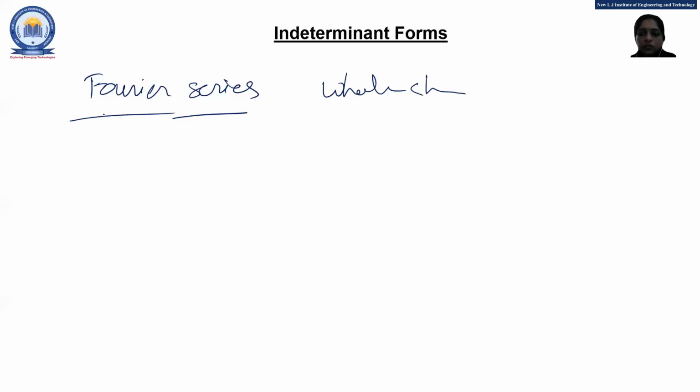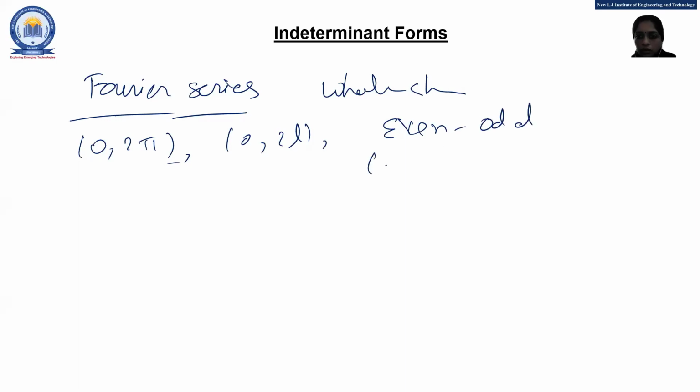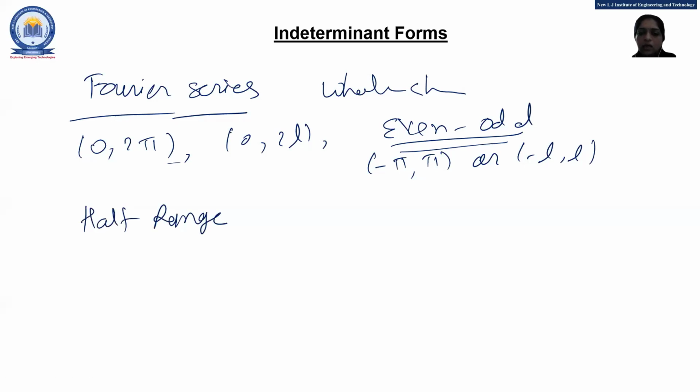In Fourier series, the main topic is examples of 0 to 2 pi, 0 to 2L with the limit, then even odd. For even odd, minus pi to pi or minus L to L, then and only then you have to go for even odd. And the next thing is half range series, right? So first Fourier series, these are the main topics.